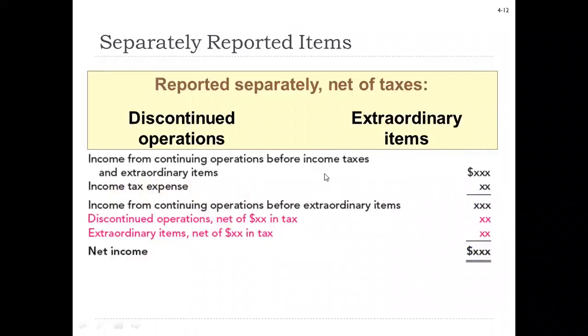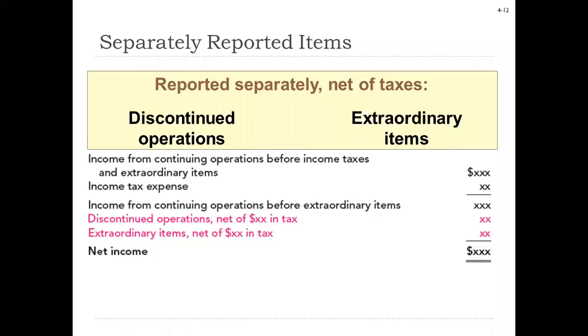Okay, there's two things in US GAAP that are reported separately of continuing operations, and we show each of these two things separately. One is discontinued operations. Discontinued operations are when a company eliminates or gets rid of a significant segment of their business.